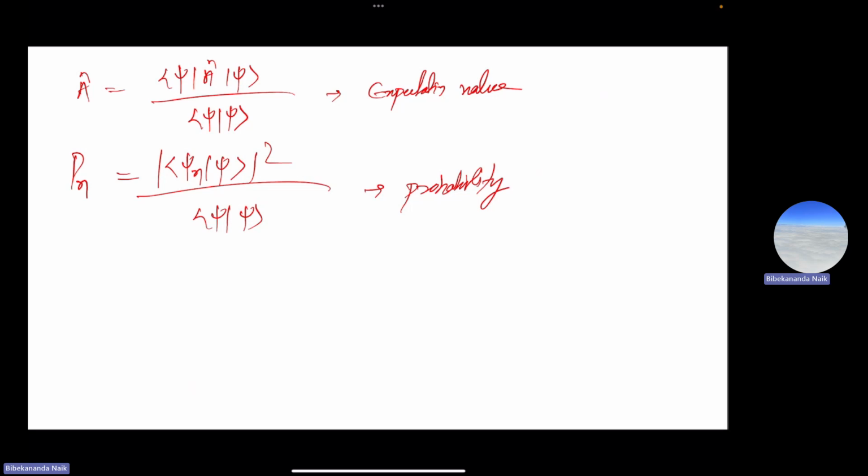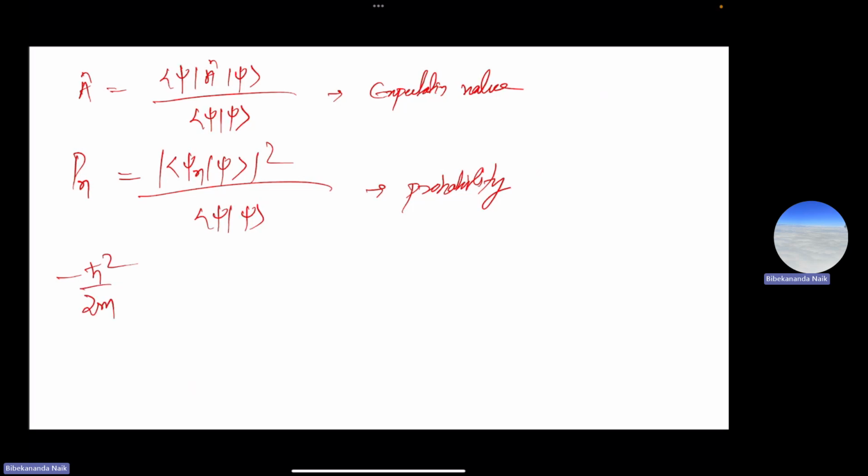As I told you, each and every state is expressed in terms of a wave function. So like the equation of motion in classical mechanics, we have an equation of state, which is called Schrodinger's wave equation. For any state, we can write the Schrodinger wave equation in the form H psi equals E psi. So you can write minus h cross square by 2m d square psi x by dx square plus V x psi x equals E psi x.